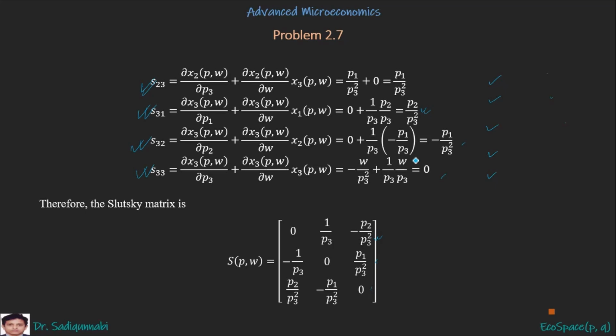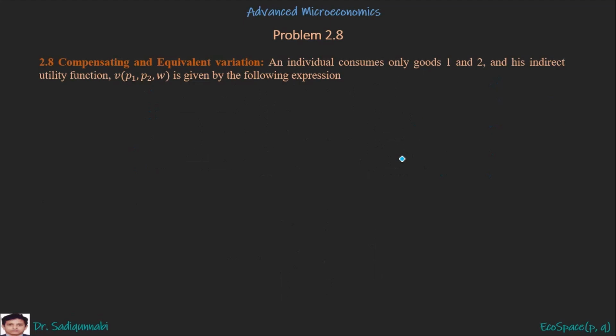This ends solution 2.7. What about solution 2.8? And 2.8 will be our last problem in problem set 2. Compensating and equivalent variation. An individual consumes only goods 1 and 2, and his indirect utility function V(p1, p2, W) is given by the following expression.